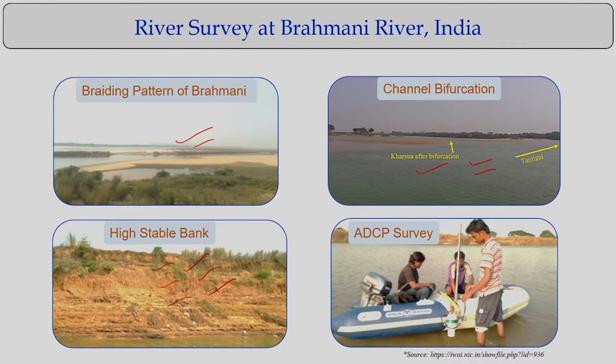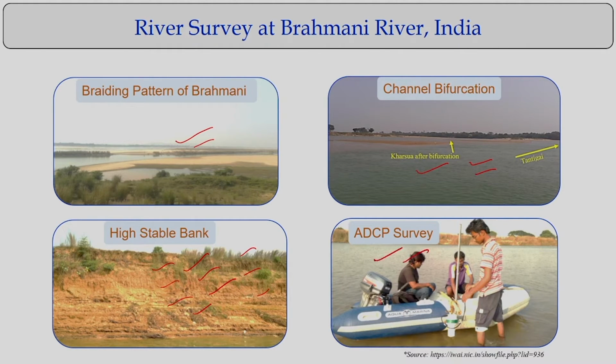Not only that, you try to understand what type of stratifications are there, whether vegetation is present. If vegetation is present, whether the strength of the soil is increased or decreased. All these things we try to understand when we do a field visit, take photographs and analyze at a very preliminary level.